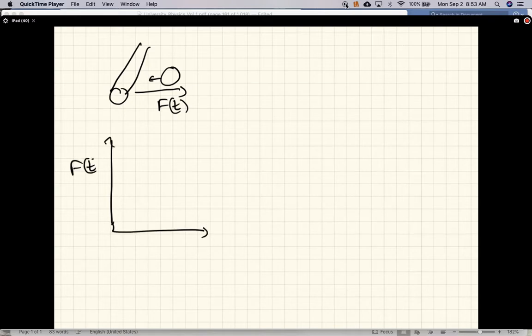The force is 0 before the ball is in contact with the bat, and as the ball is in contact with the bat, the force can increase to a large amount and then go back to 0. Typically this is about 50 to 100 milliseconds long, the contact time.